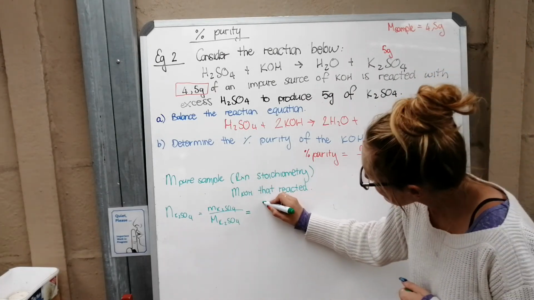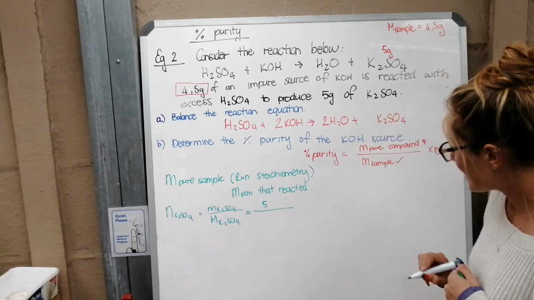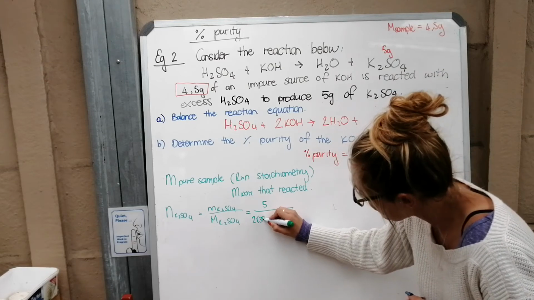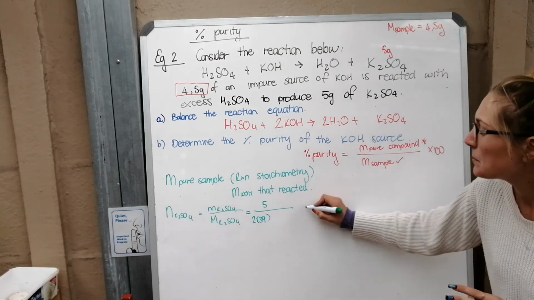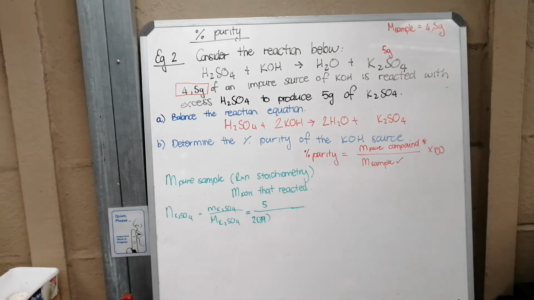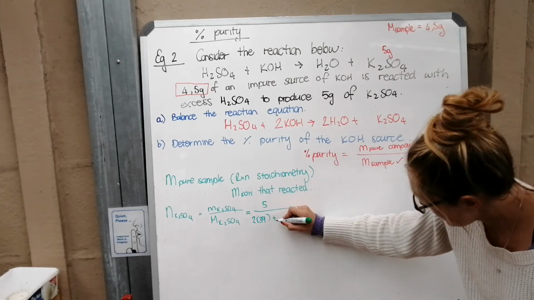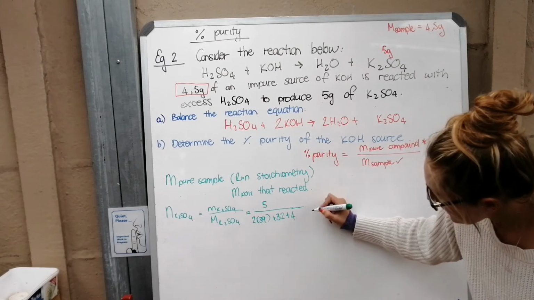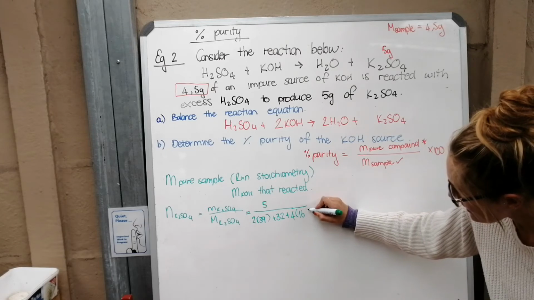So that is 5 grams. Molar mass of K2SO4 is going to be 2 times 39. Again, I'm using a different periodic table to you guys, so my molar masses might be like 1 different to yours, so I'm sorry about that. Plus the molar mass of sulfur, which is 32, plus 4 times the molar mass of oxygen, which is 16.